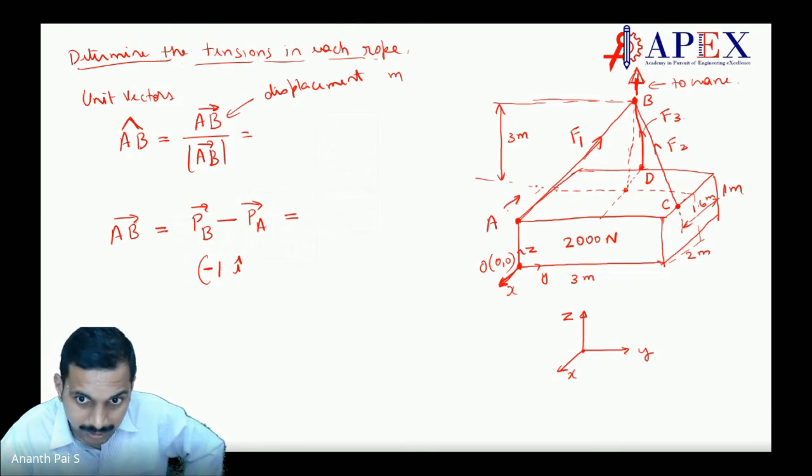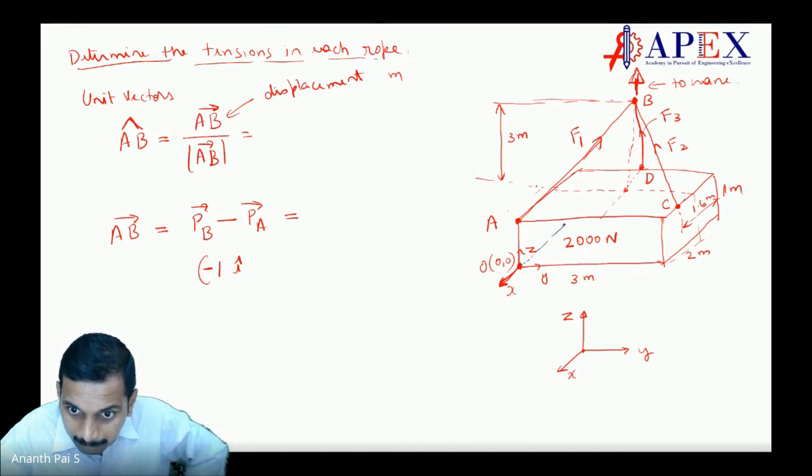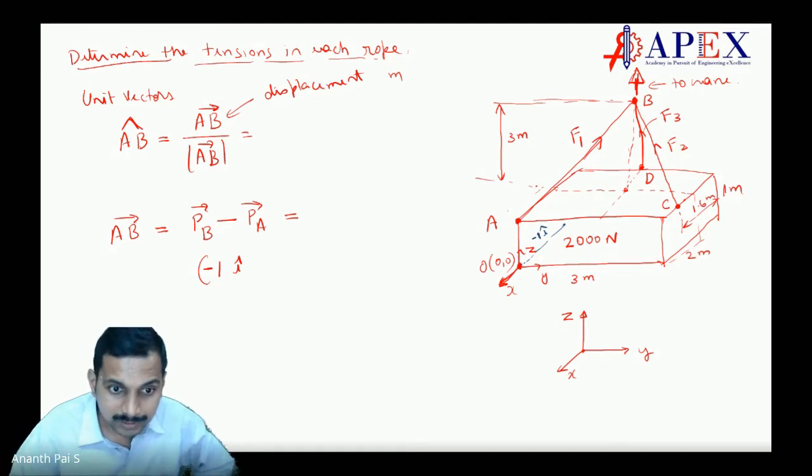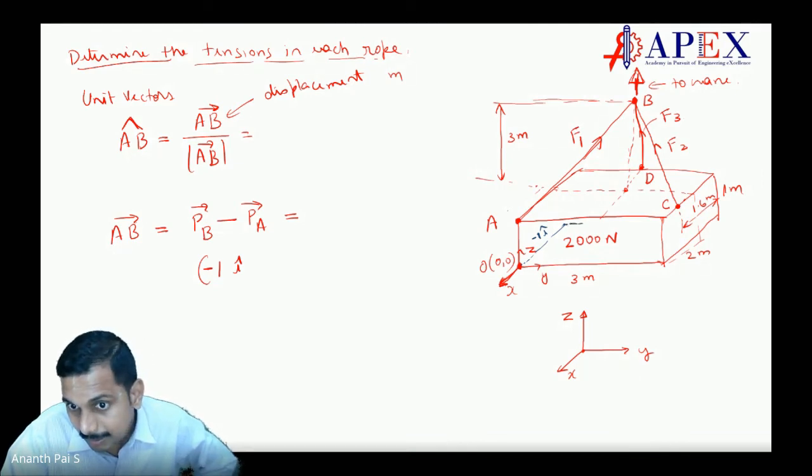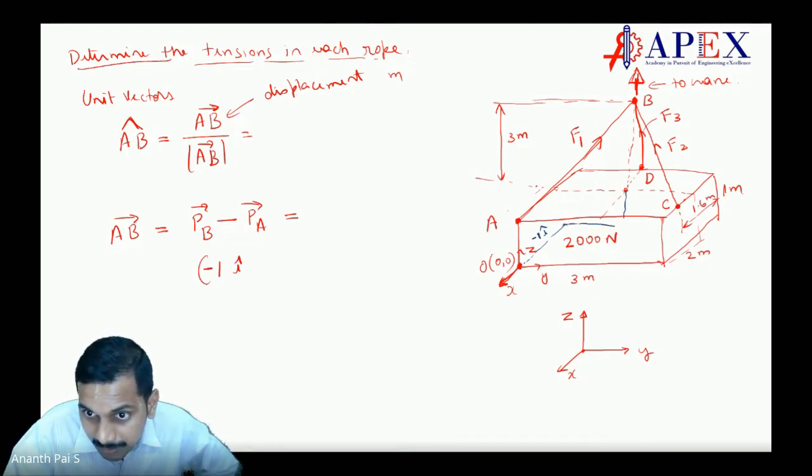So what I will do, I have to go from here to here. Let me start from here. Then I will go minus 1I. Then next, I will go in the y direction from here till here. So this distance is 1.5, so I will go 1.5j.